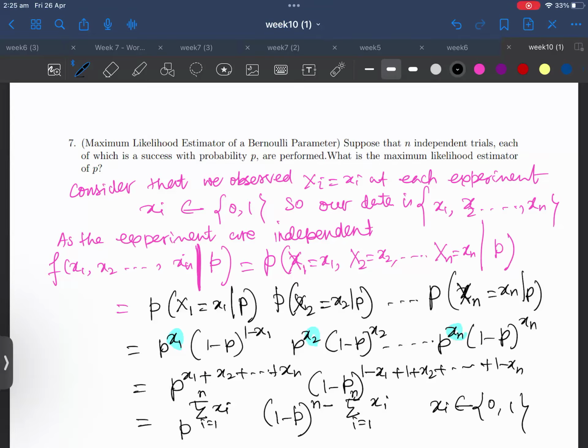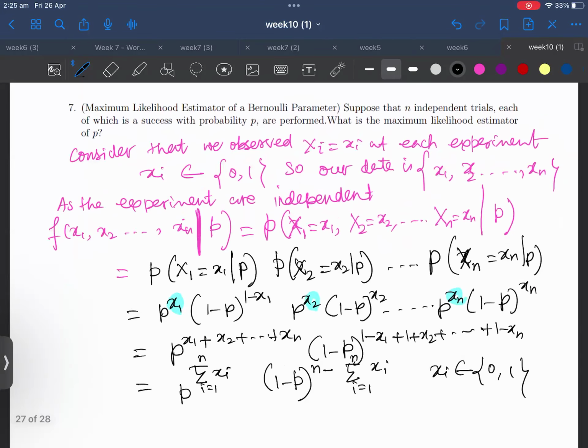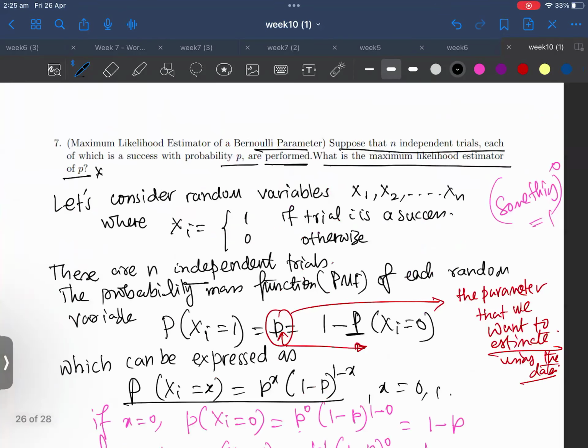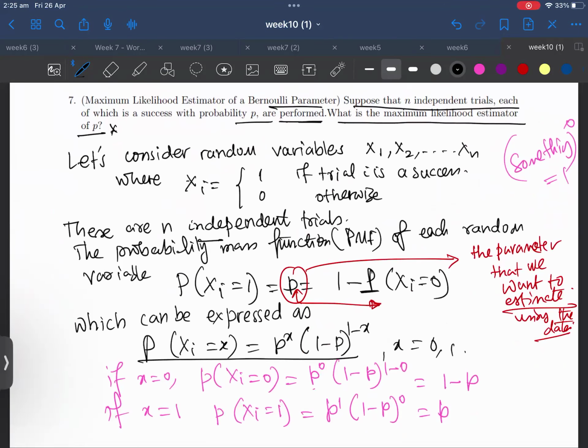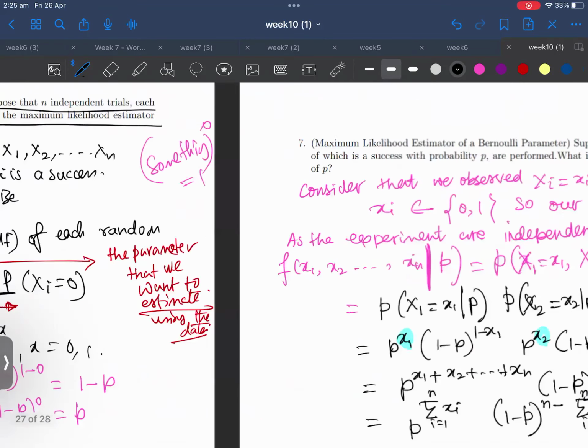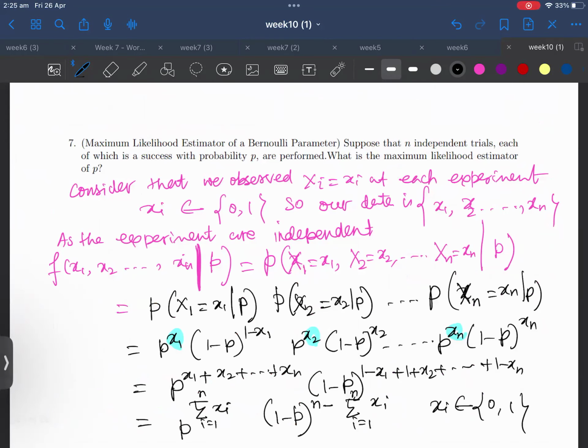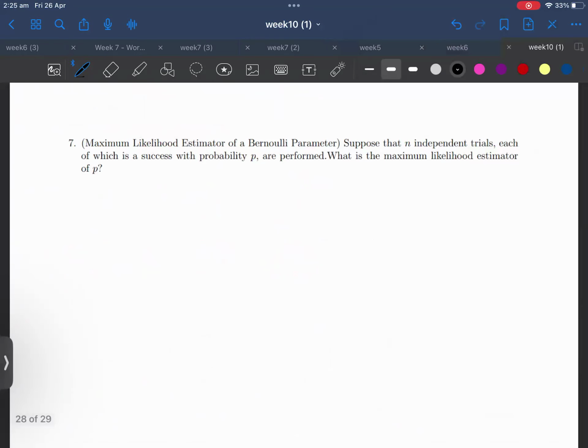So now finally look at this side, why we started. Now we are here. Now L of p, the log of f of x1, x2, ..., xn given p.